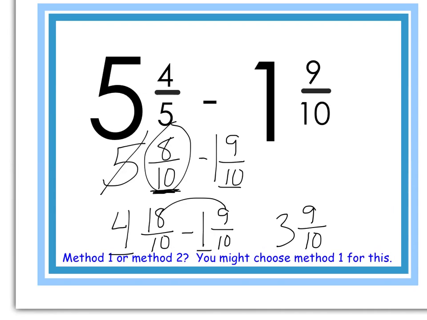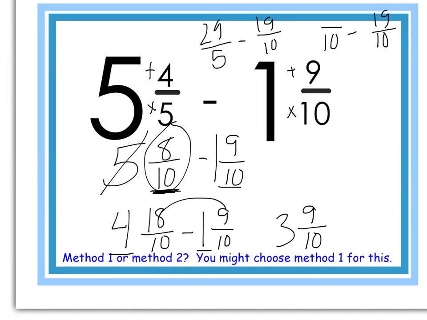If I had done this with the other method, I would have just multiplied. That's 25. Add, so that's 29 over 5. Minus, multiply, that's 10. Add, it's 19 over 10. Change my denominator, so I have them both over 10. So I have 19/10 there. I doubled this, so I'm going to double that one. That's 40, 58. 58, take away 19.